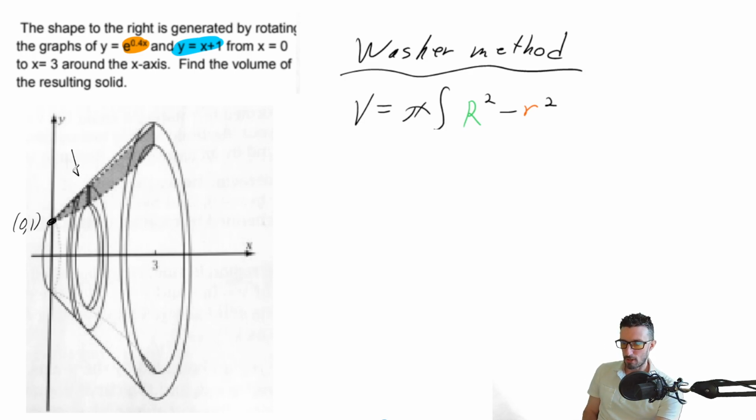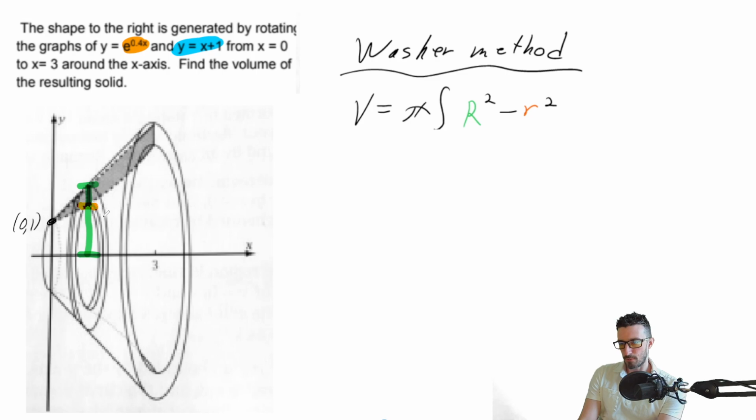Now for this washer here in the middle, we could say that there's an outer radius. I'm going to call that capital R, that goes all the way from the x-axis until the edge. That's your outer radius. But if you want to talk about the inner radius, well, you're not going all the way there.